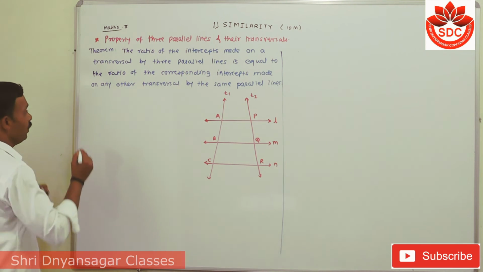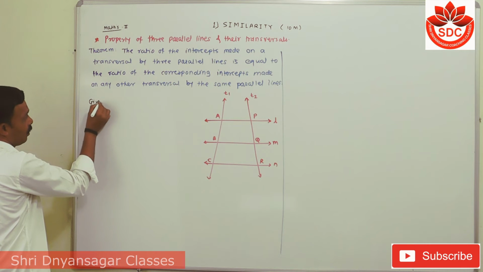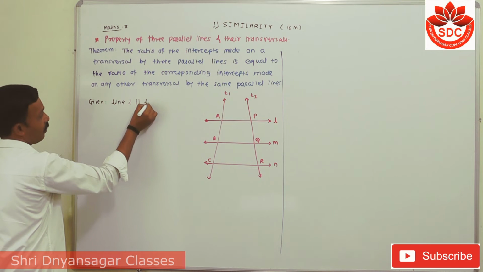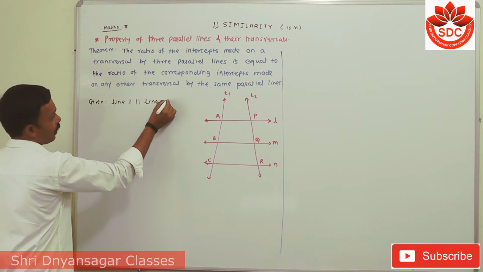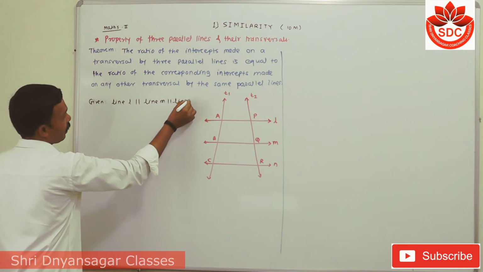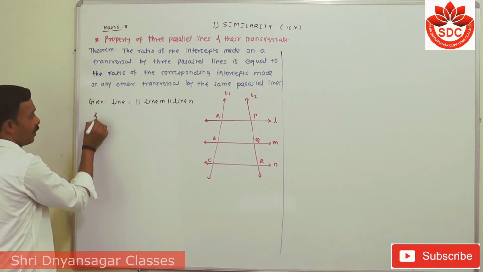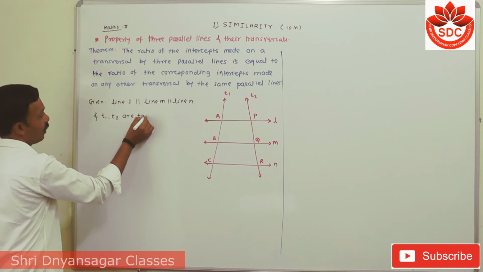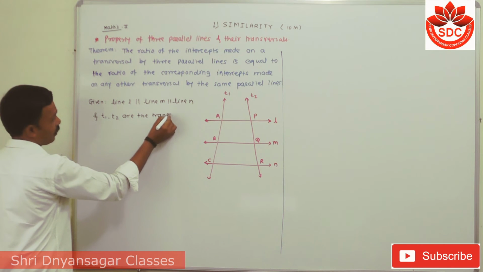Now in this given, these three lines are parallel, meaning that line L is parallel to line M is parallel to line N, and T1, T2 are the transversals.